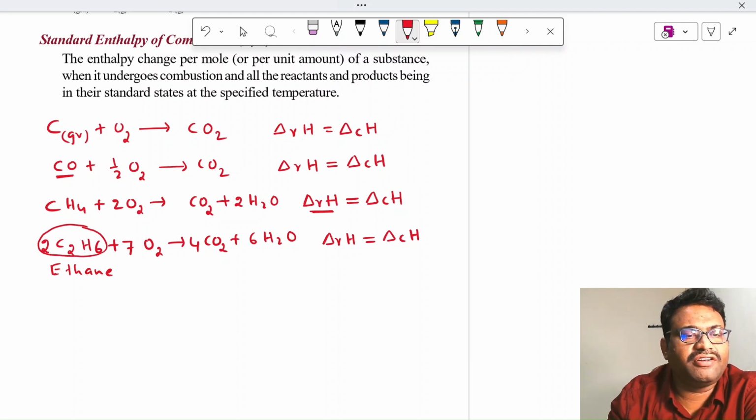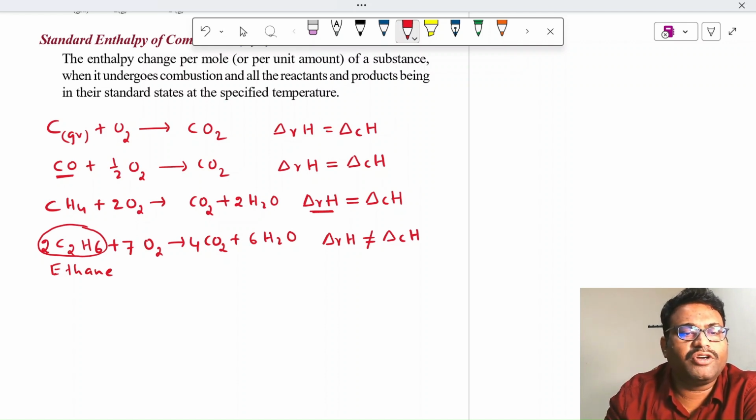From the definition, we have studied that when 1 mole of the substance is completely combusted, then the energy released is called as enthalpy of combustion. Now, in this, the enthalpy of reaction cannot be equal to enthalpy of combustion.